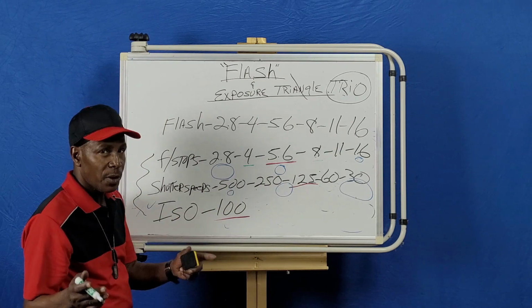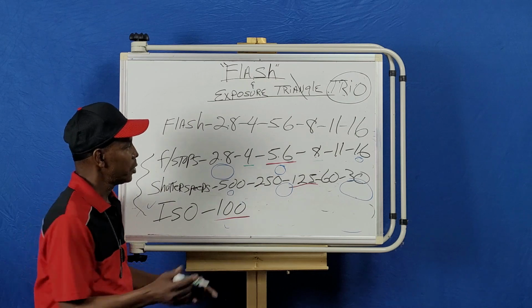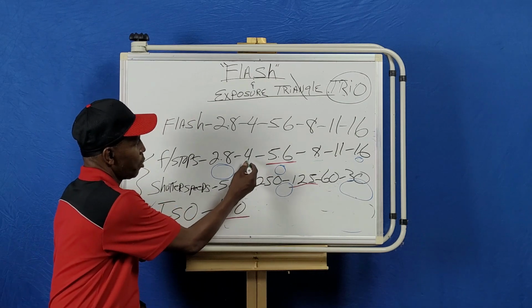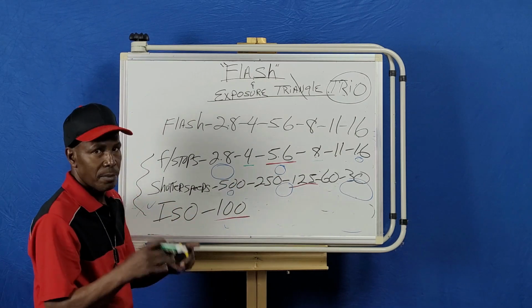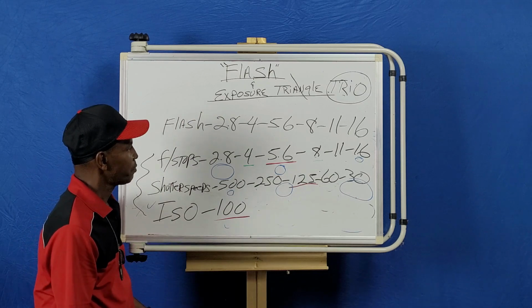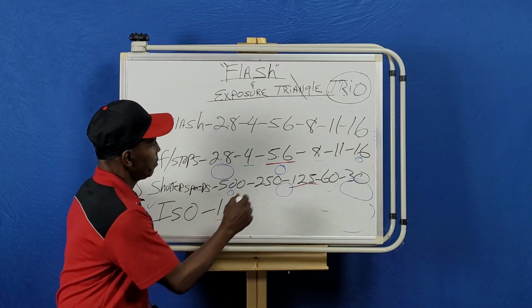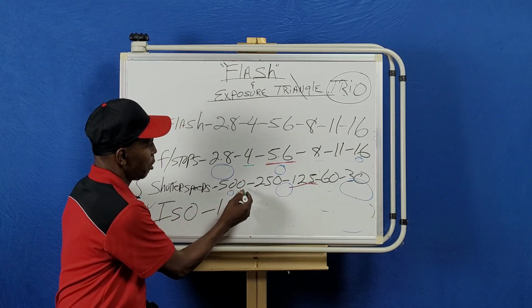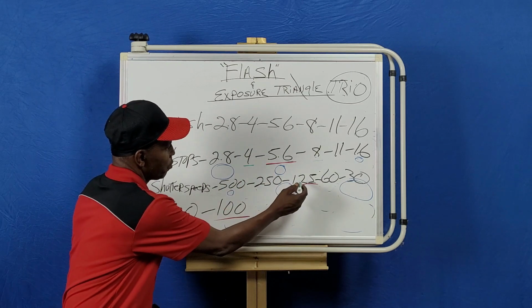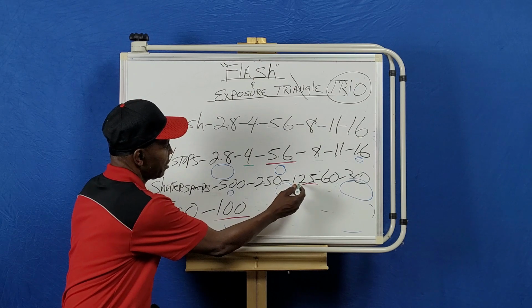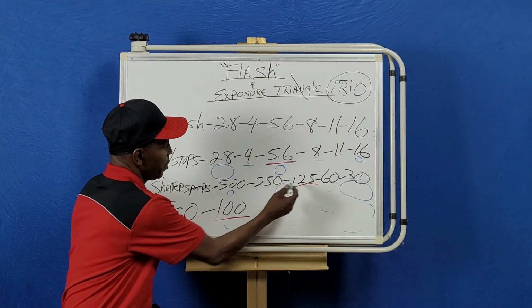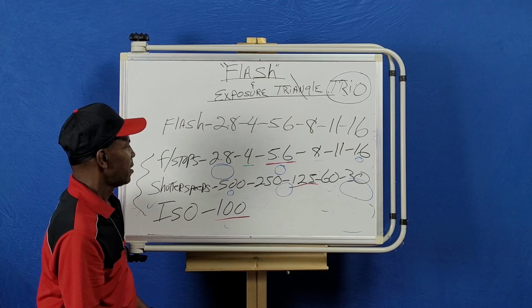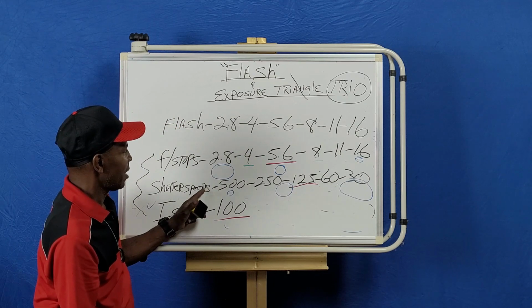So did you open up or close down? You went from f5.6 to f4. You opened up and let in more light by one stop. So normally what you would do is close down. If you open up one, you close down on the other. You're at 1/125 of a second. So you need one stop less light on your shutter speed.